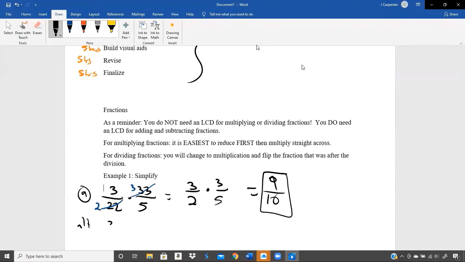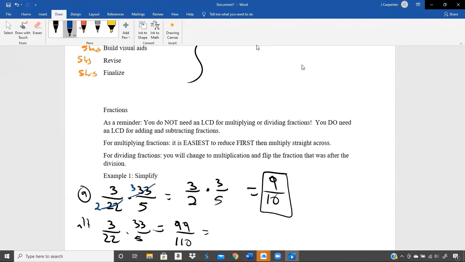Alternatively, I could have certainly done 3 over 22 times 33 over 5 and said 3 times 33 is going to be 99 over 22 times 5 is going to be 110. And then you would have to recognize that some numbers go into both of these. One particular number, 11. 11 goes into 99, so we can divide that by 11.